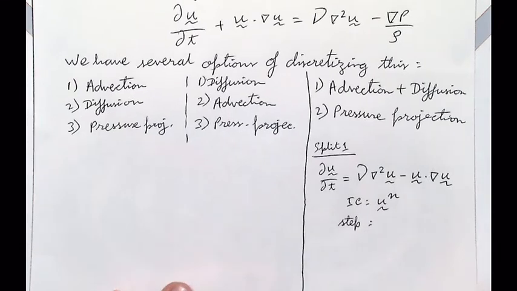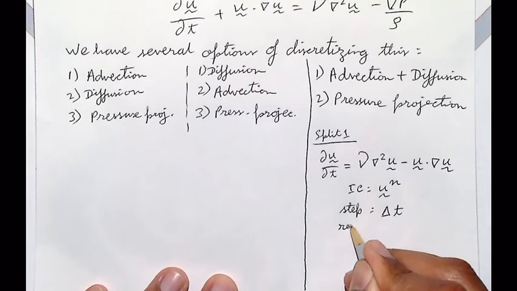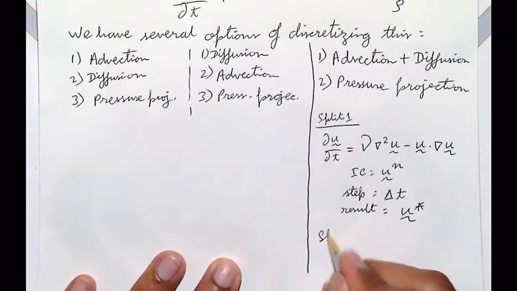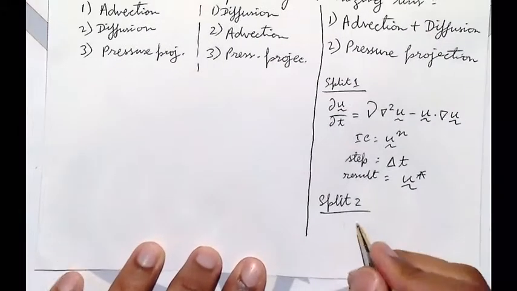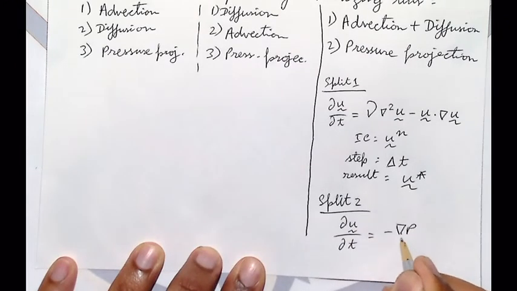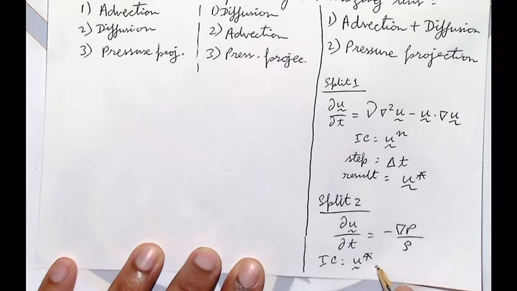Let's take the simple one, Godunov splitting: delta t. Result? u star. Perfect. Split 2: du/dt equals minus nabla p over rho. Initial condition u star, step size delta t, final result u n plus 1.